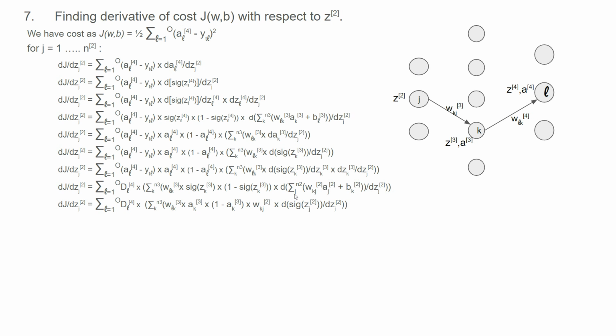Therefore this summation sign will be gone, and we will get only w_kj2 into the differentiation of a_j2 with respect to dz_j2.